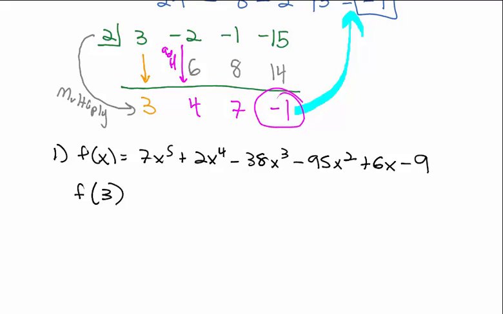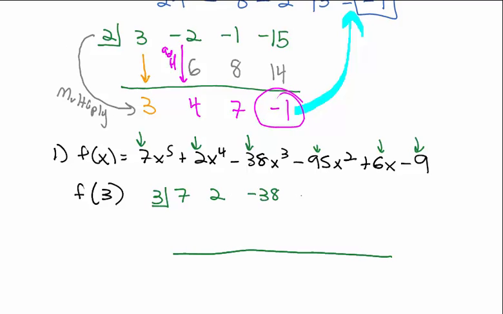It is going to be a pain. But we can synthetically substitute the 3 into the problem, taking the coefficients all the way down the line. We have 7, 2, negative 38, negative 95, 6, and negative 9. Bring the 7 straight down, and then go through the process again.